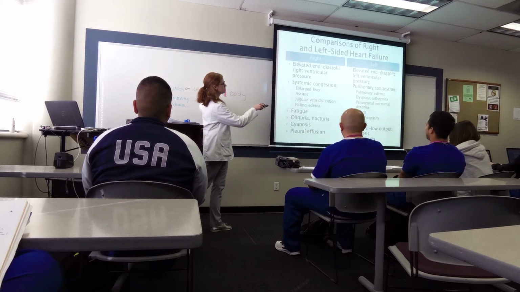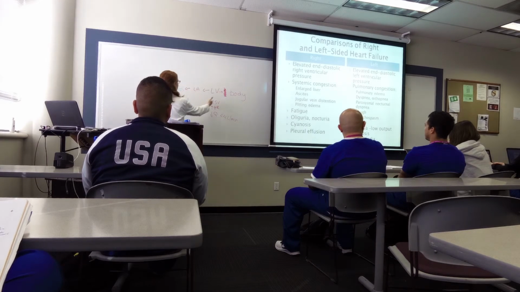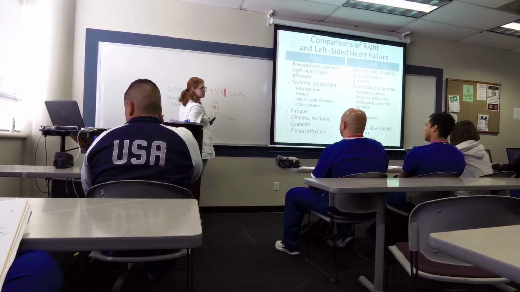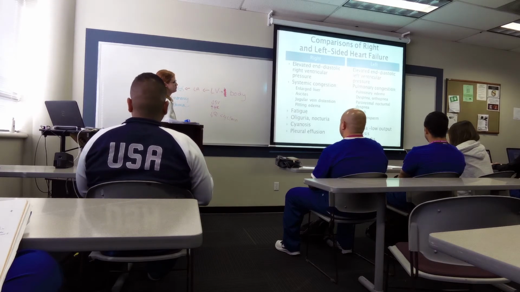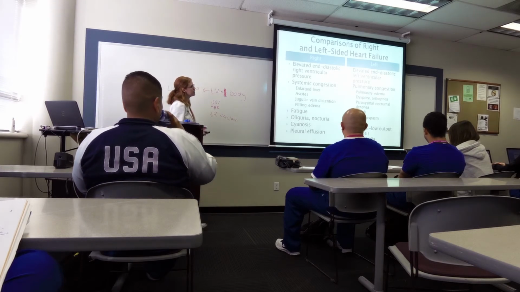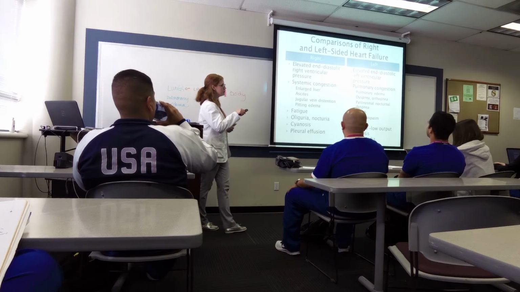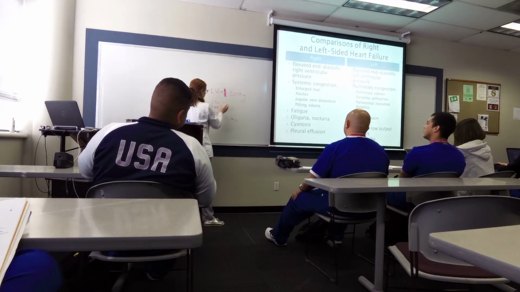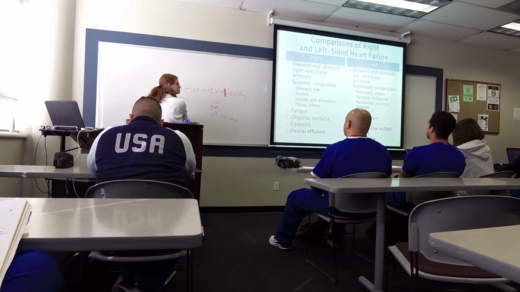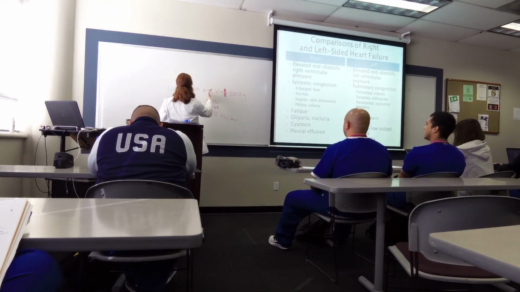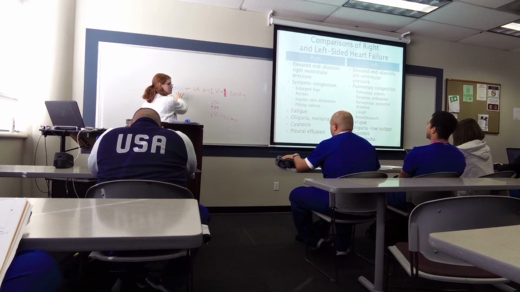Okay, so see how I'm not just listing symptoms, I'm saying, okay, let's go through logically, see what happened. If this happens, what are we going to see signs and symptom-wise? Okay, so left-sided heart failure, you're going to see the signs and symptoms of a low cardiac output to the body, and you're going to see signs and symptoms of pulmonary edema, because that blood flow backed up into the lungs.